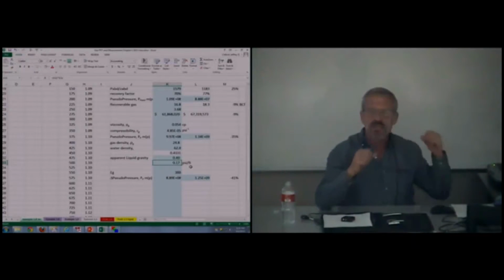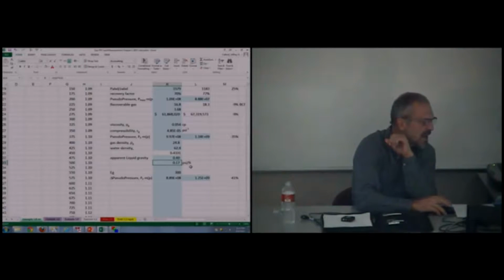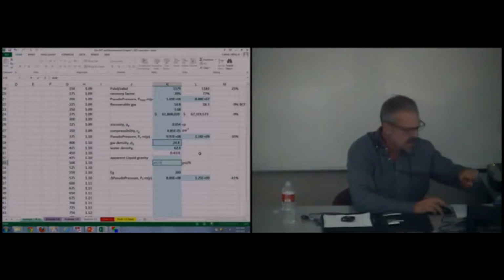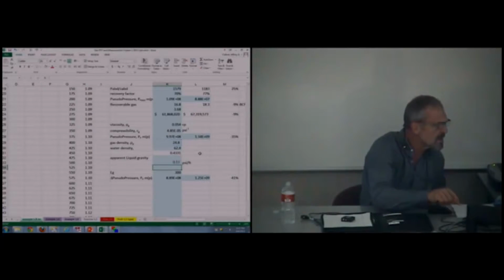Working these numbers using the gas density function, I don't really have to know the apparent liquid gravity to do this calculation. All I need to know is the gas density, I'm glad you asked this, divided by 144.